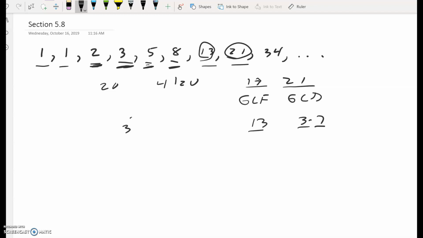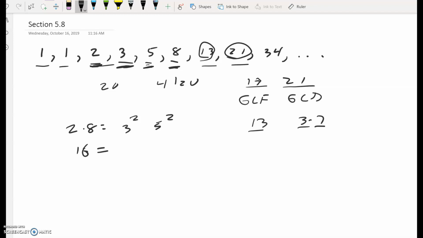So I'm going to have 3 squared and 5 squared. And then for the outside 2 numbers, multiply them. So we have 2 times 8. And 2 times 8 is 16.